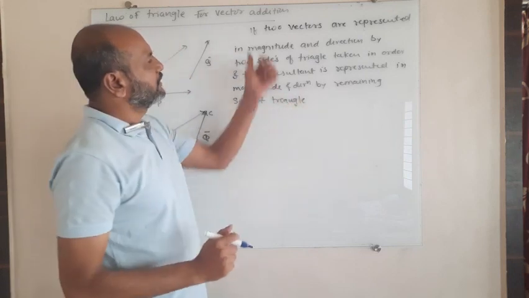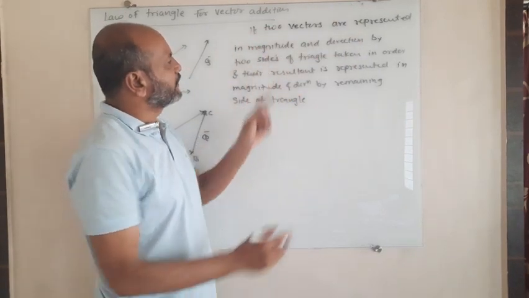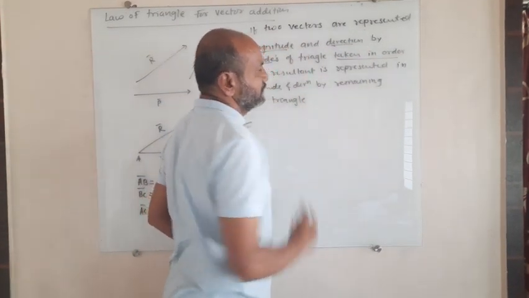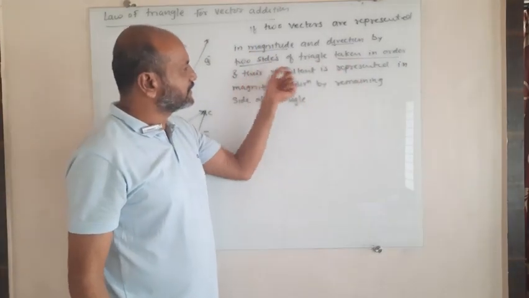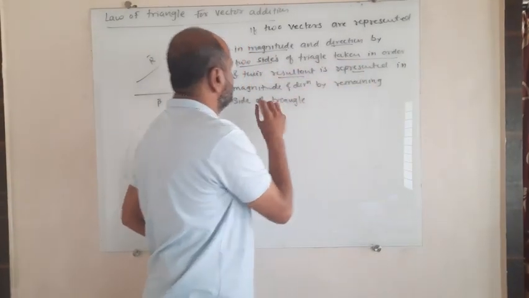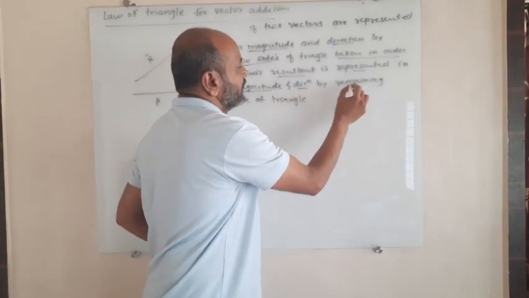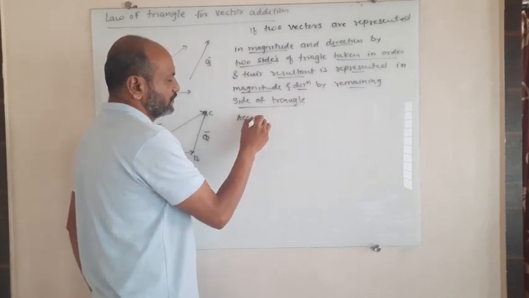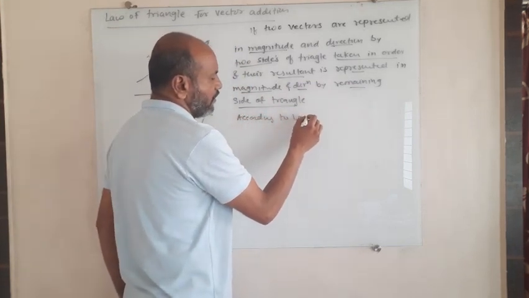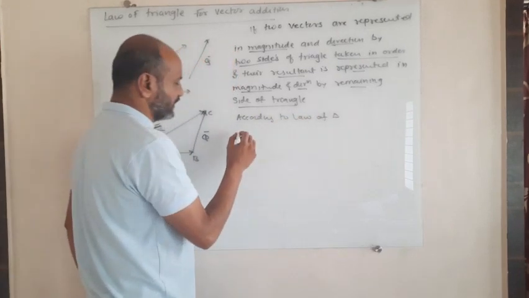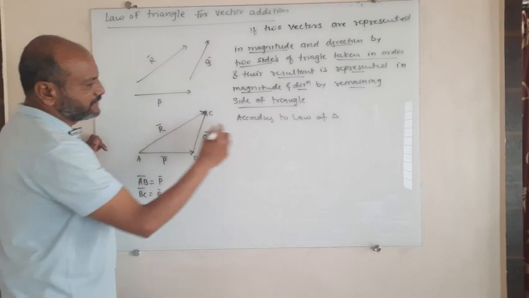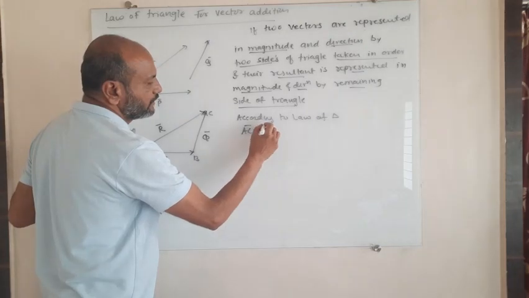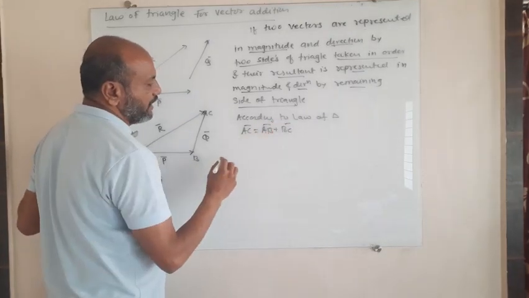This is the statement. Once again: if two vectors are represented in magnitude and direction by two sides of a triangle taken in order, and their resultant is represented in magnitude and direction by the remaining side of the triangle, then according to the law of triangle, in this triangle AC bar is equal to AB bar plus BC bar.